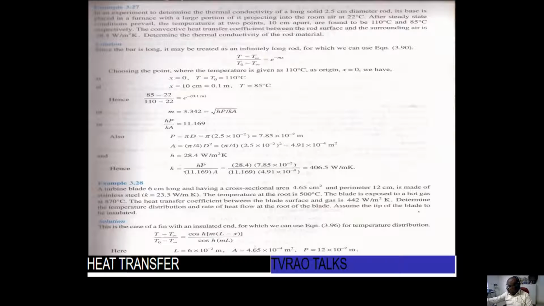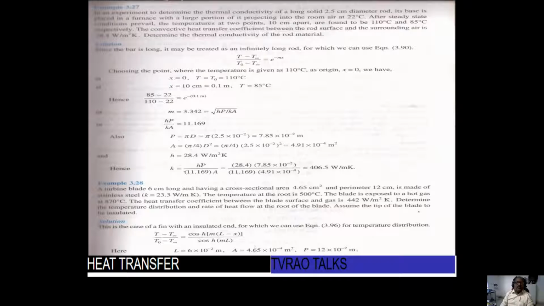So since it is a long rod, in case of a long fin, the temperature distribution equation is (T minus T infinity) by (T naught minus T infinity) equal to e to the power of minus mx. So he is asking to find out K value. So in this fin, he has given all the temperatures.